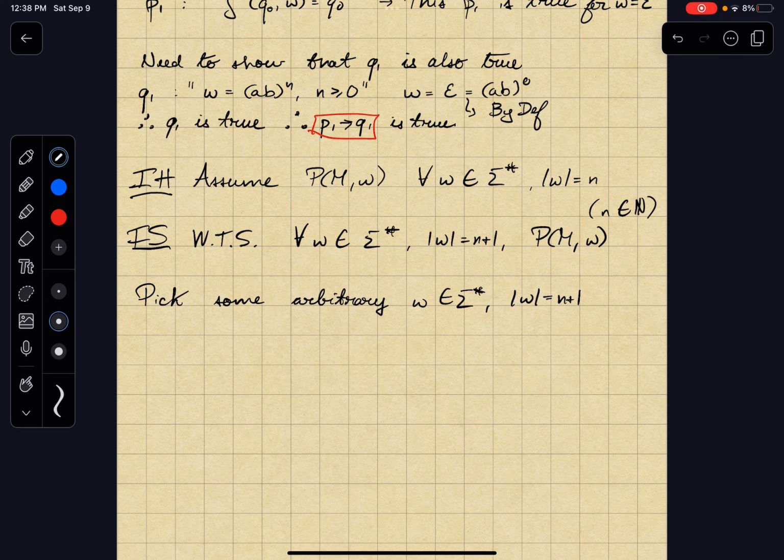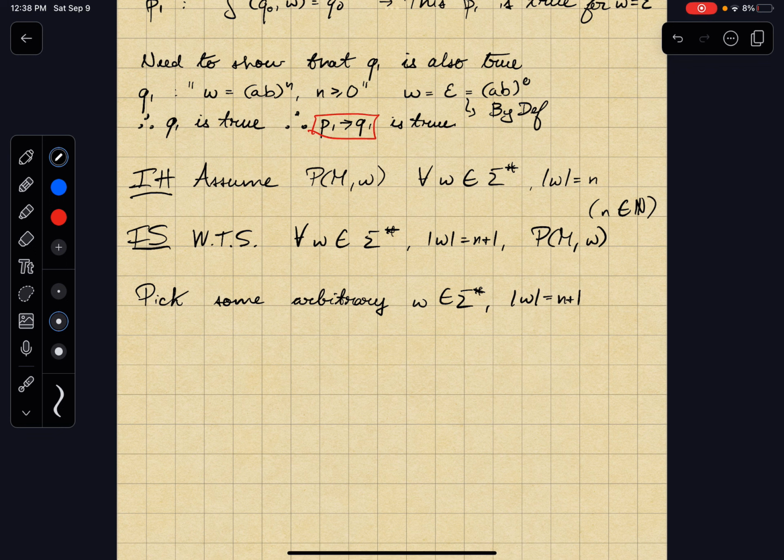To do that, we're going to use a trick, which is going to come up several times again in the future. And that's going to be to break up the string into two components. Because we know that the length of the string is n plus 1, we know that it has length at least 1. Then perhaps it has some additional symbols in it, n.